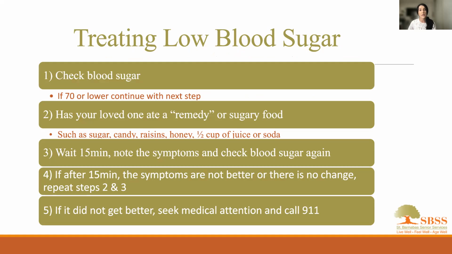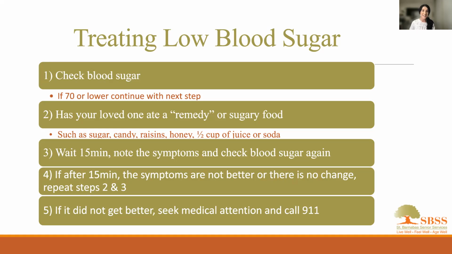For your loved one, I would recommend in the purse, if you go out to the doctor's or to the grocery and your loved one goes with you, to have some sort of lifesaver with you: sugar, candy, raisins, honey, so that if their blood sugar is low and they're experiencing the signs of low blood sugar, you can quickly have them take a little bit of that.